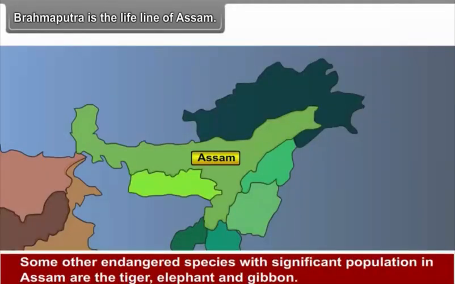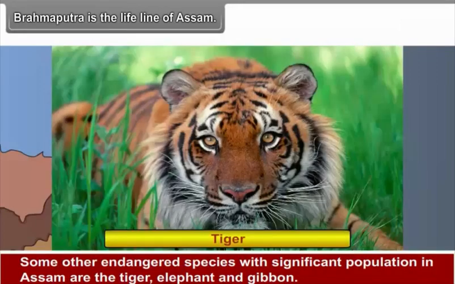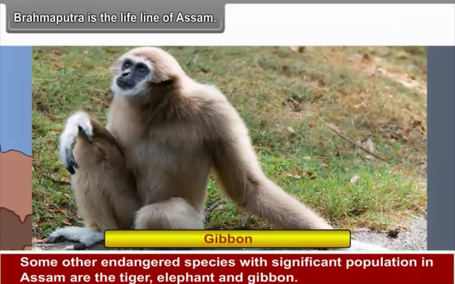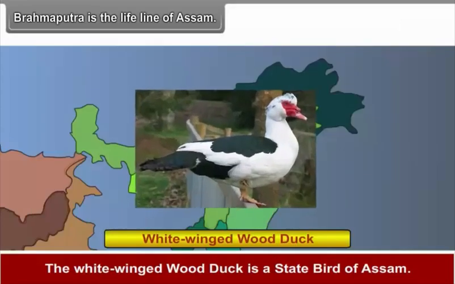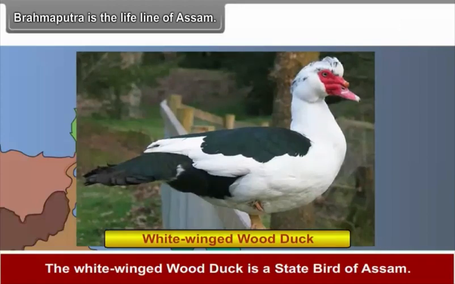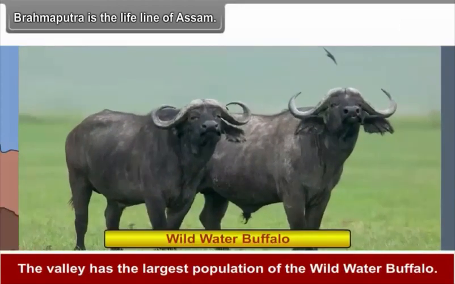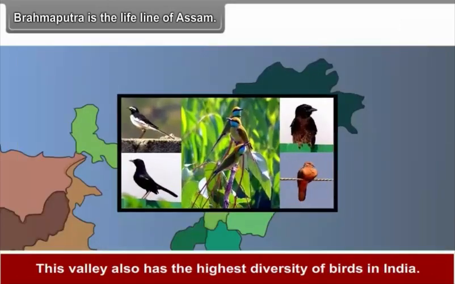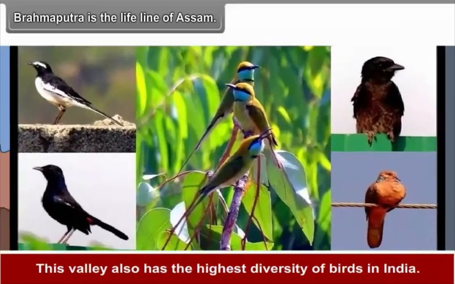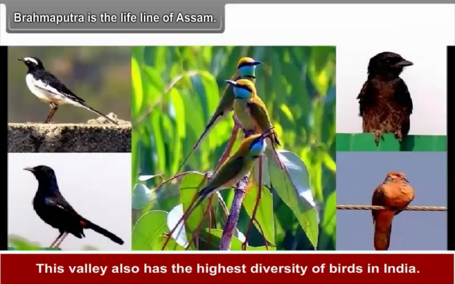Some other endangered species with significant population in Assam are the tiger, elephant and gibbon. The white-winged wood duck is a state bird of Assam. The valley has the largest population of the wild water buffalo. This valley also has the highest diversity of birds in India.